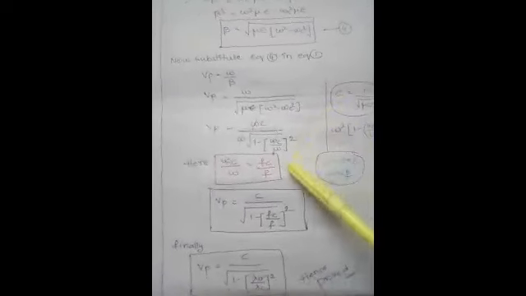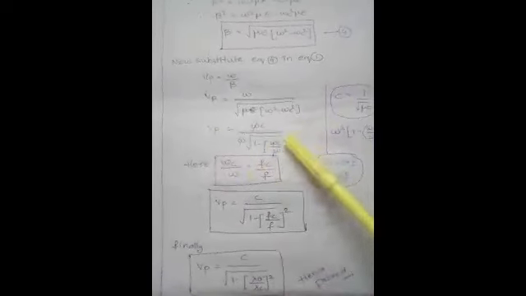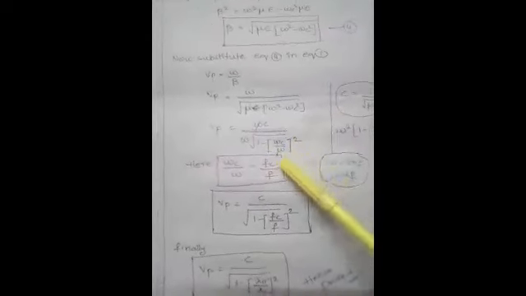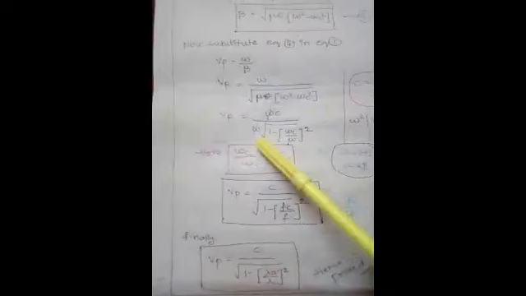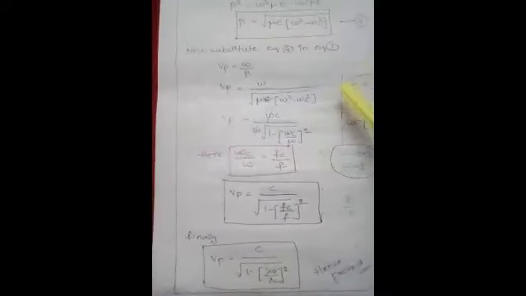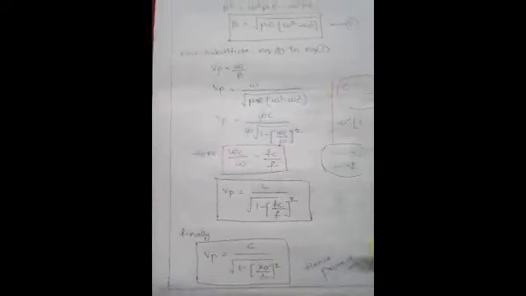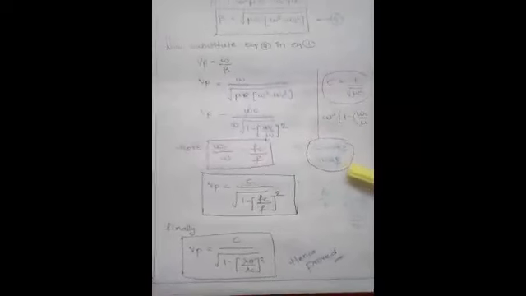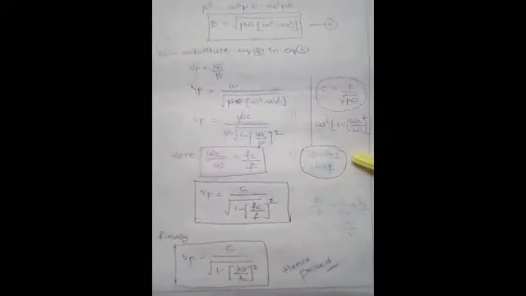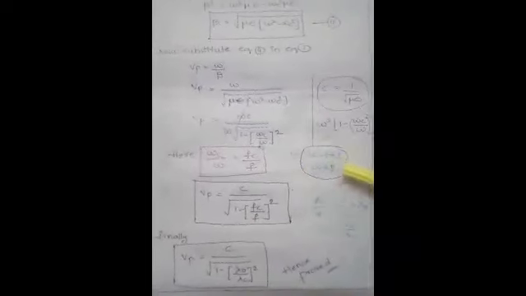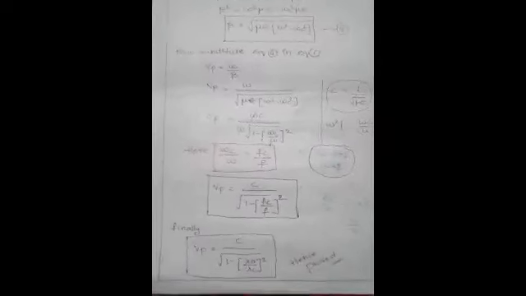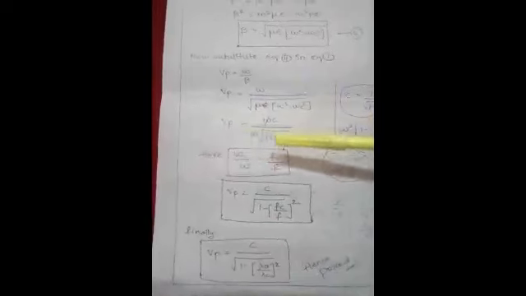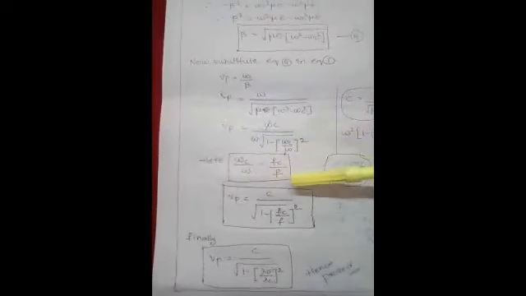Now this whole denominator term changes into omega into root over 1 minus omega c by omega whole square, and this omega in the numerator and this omega in the denominator get cancelled. Now we know that omega equals 2 pi f. As omega is directly proportional to f, we can replace omega with f. Similarly, omega c becomes fc and omega becomes f.